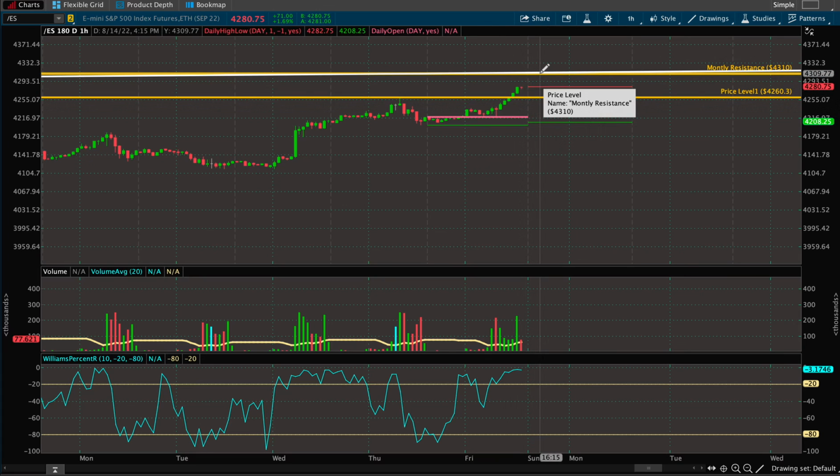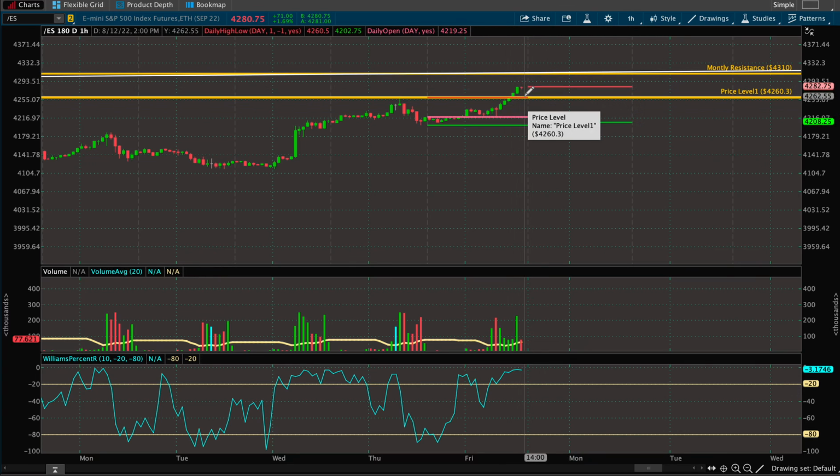I'll get out 5 points before 4310 or whenever there is a strong rejection. And that's around 40 points. So around 30 points or so, I would start trailing my long so that I do not lose my long position.